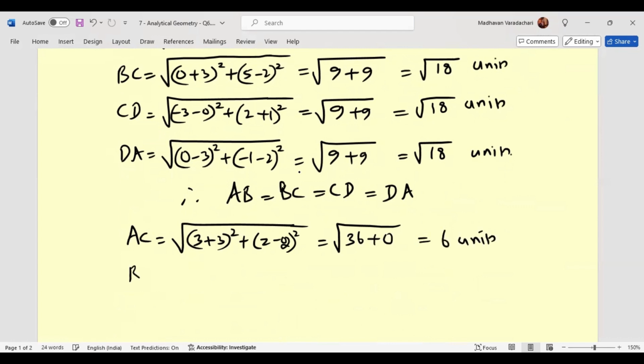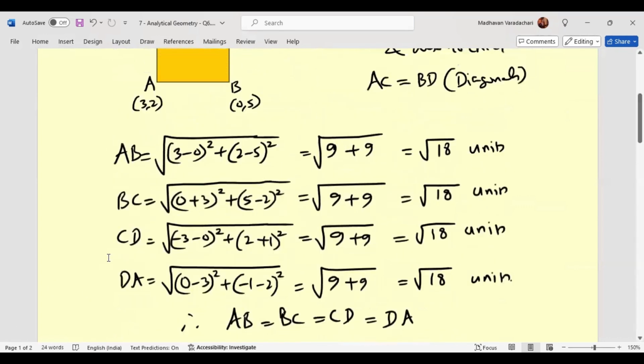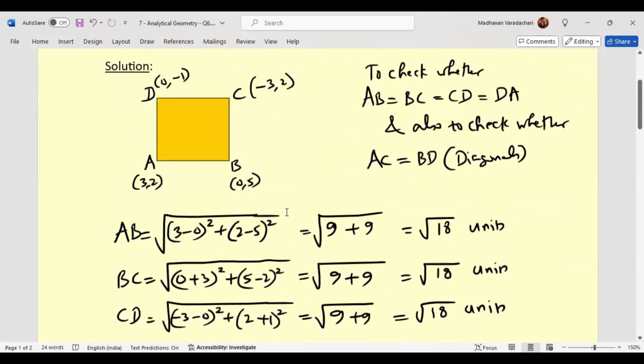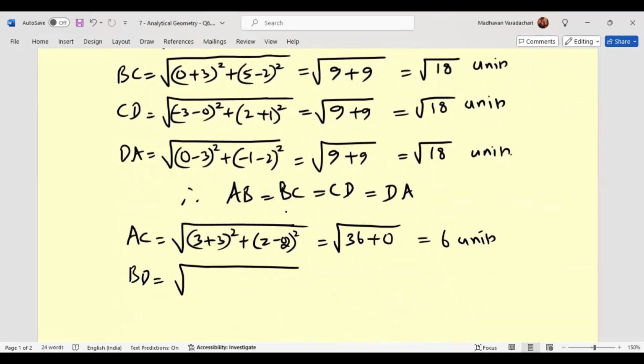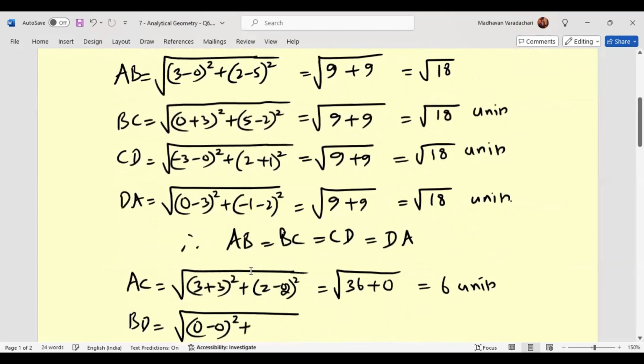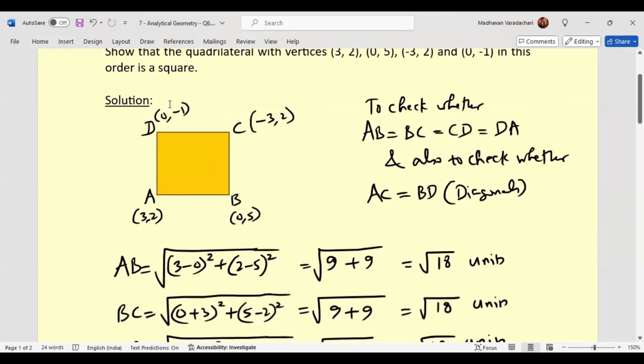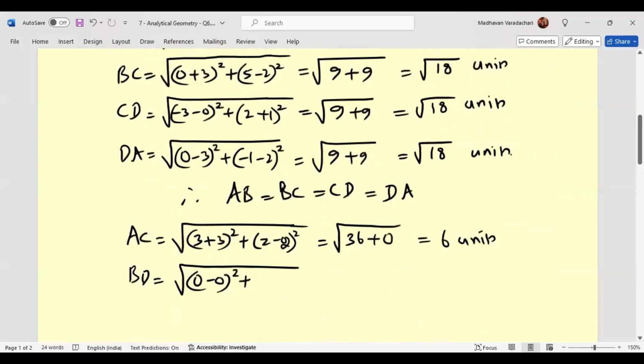Now let us check what is BD distance. Distance between point B and point D. (0 minus 0) the square plus (5 minus (-1)) the square. So this is 0 plus 5 plus 1 is 6 square, which is 36.